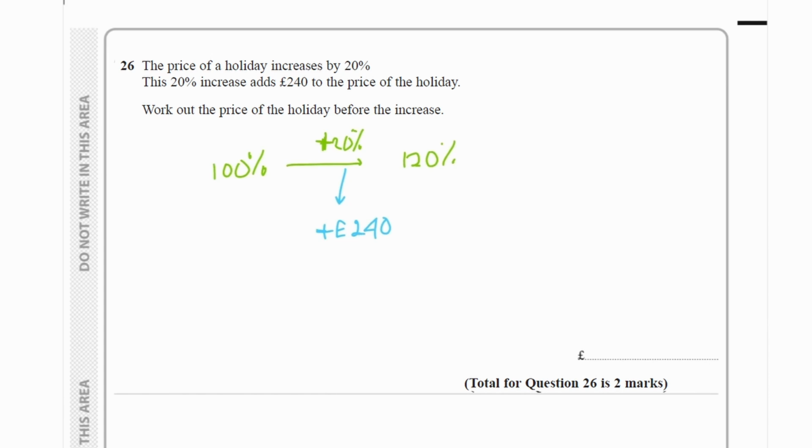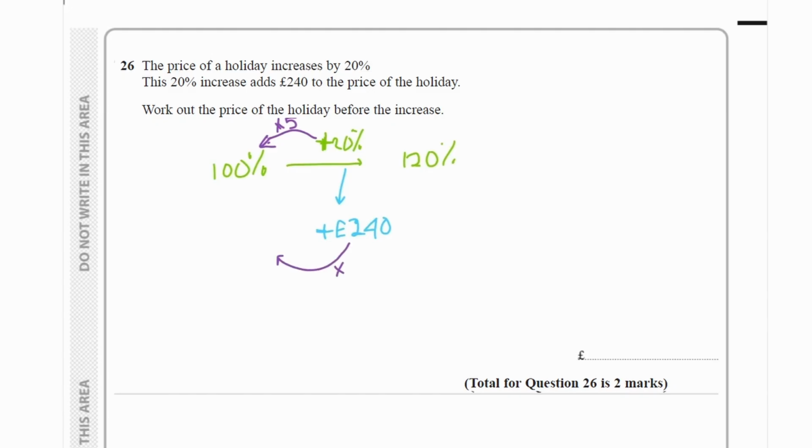So in order to work backwards and look at what the 100% would be, we can check what we have done to 20 to make it into 100, and we can see that we have multiplied that by 5. This means that if we want to find the original amount, we would also have to multiply that by 5.